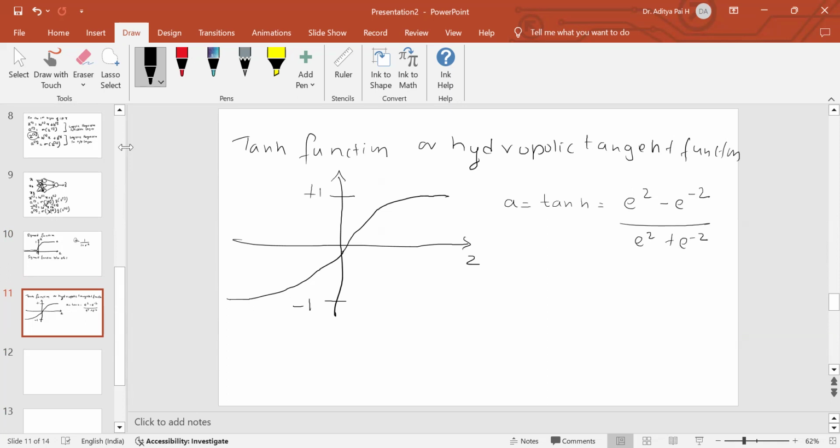Here in the tan h, it crosses the 0, 0 point, going from -1 to +1.